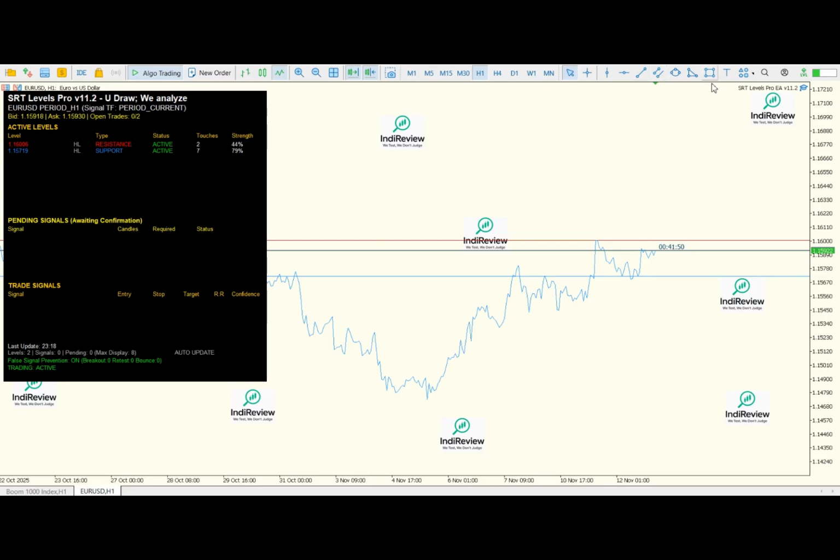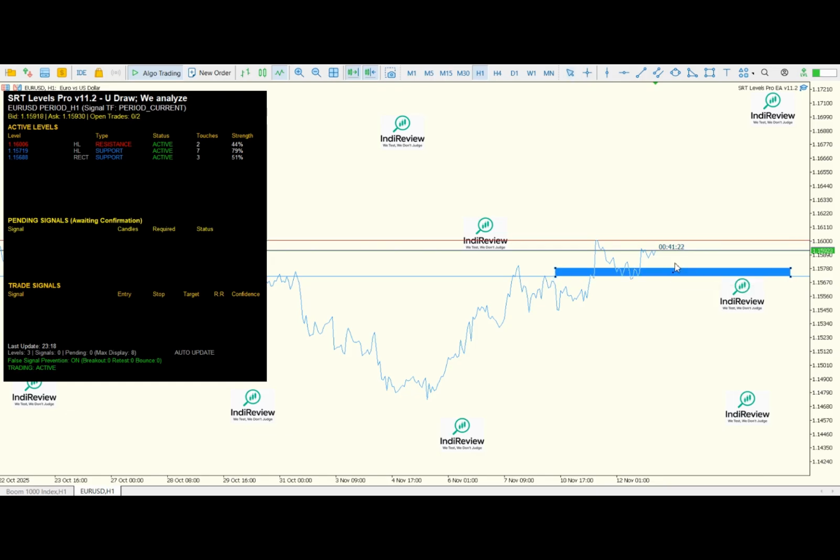Now, some traders prefer to trade zones instead of lines. So if you trade zones, you can draw your zone. See, when I draw my zone, it comes as a rectangle, as resistance, right? The same thing, if I move this one below, it changes automatically to support. I don't need to label them. It identifies that it's a support.